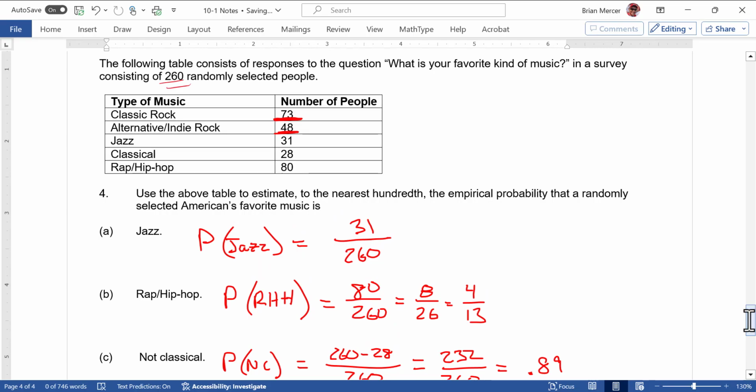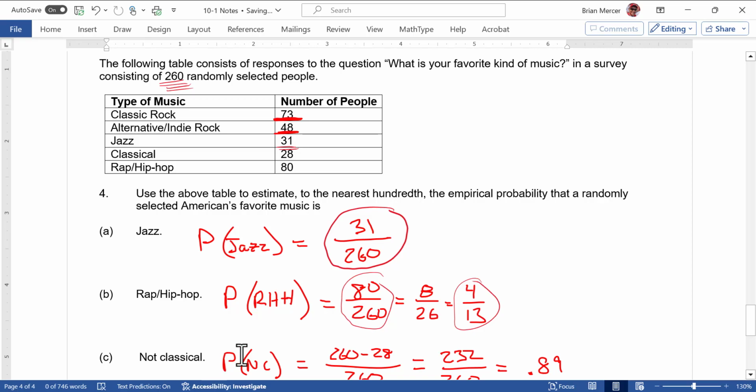If we're going to use this survey as a way of approximating those probabilities, then the probability that someone says their favorite music is jazz is 31 out of 260. That's because 31 people say jazz, 260 total. Probability that they say rap or hip hop is 80 out of 260, which we reduce to 4/13.